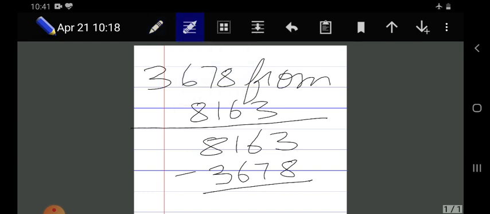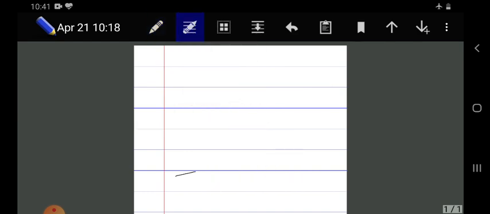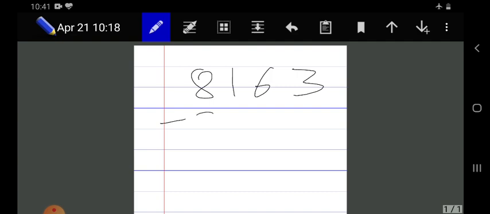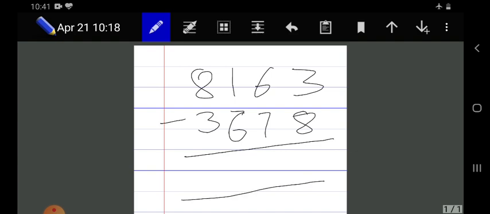I'll do it again because there is no space for the borrowing. So we will write it as 8163 minus 3678. First of all, as we always start our calculation from the right hand side, can we subtract 8 from 3?